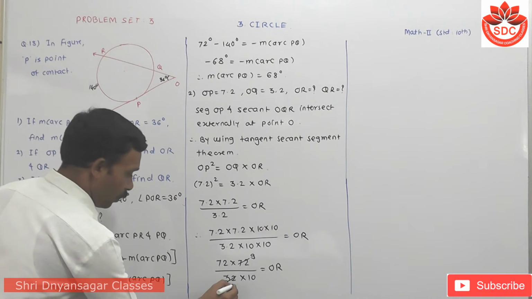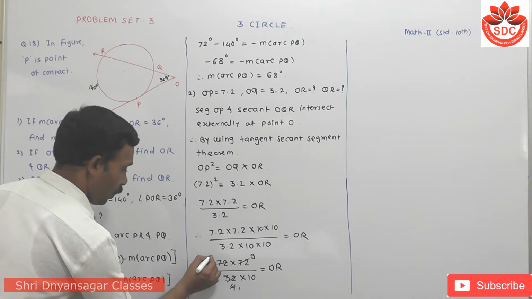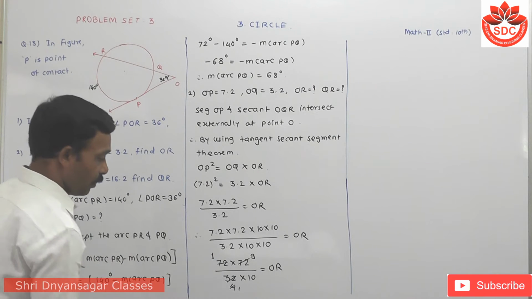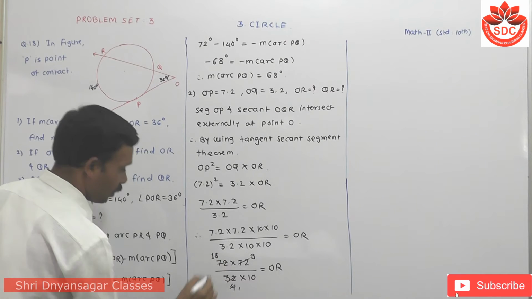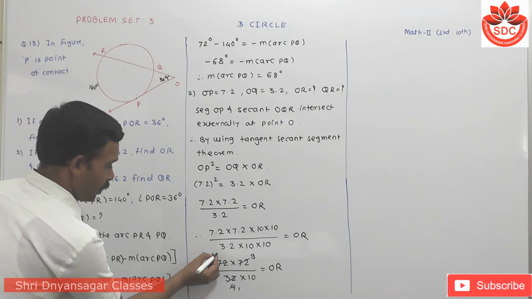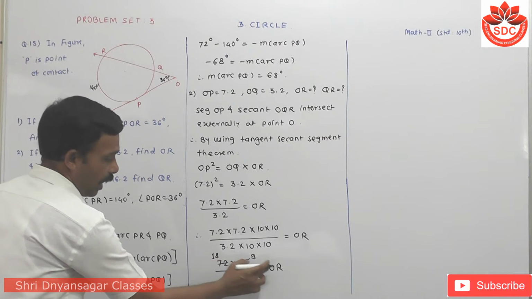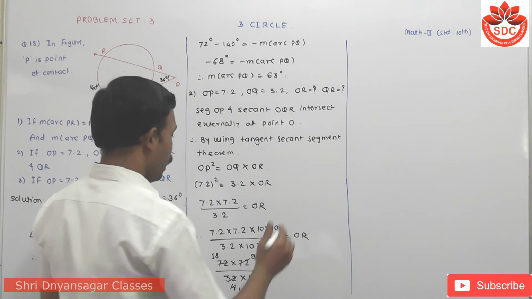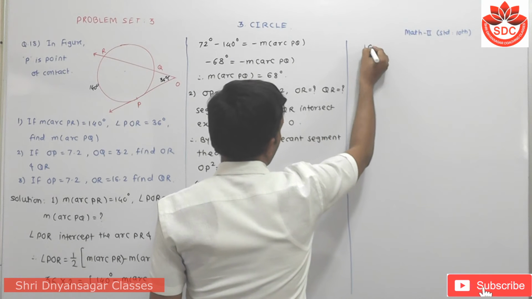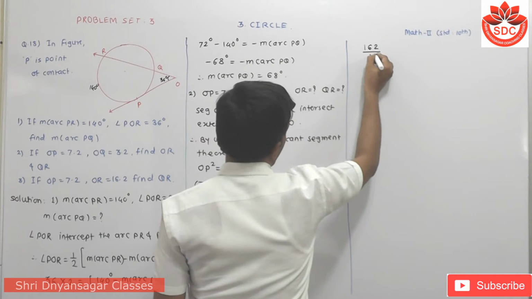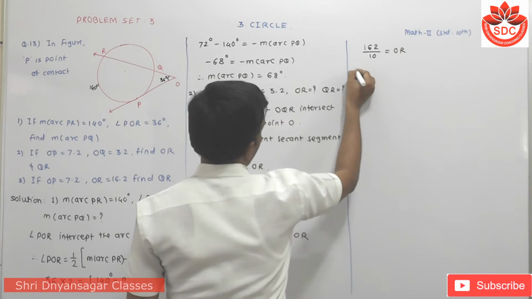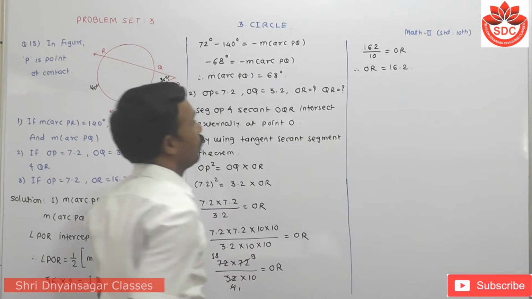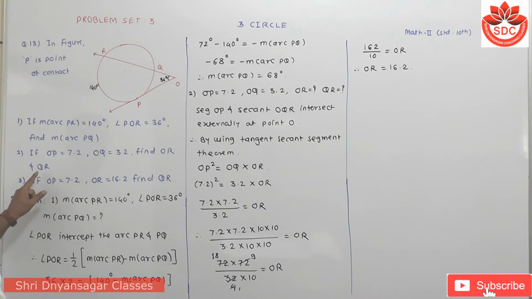Then 4 1s are 4, and the remaining is 3, 32, 4 8s are 32. Then 18 into 9 is equal to OR. 18 into 9 is 162 upon 10 is equal to OR. Therefore OR is equal to 16.2. This is the answer of the second question.